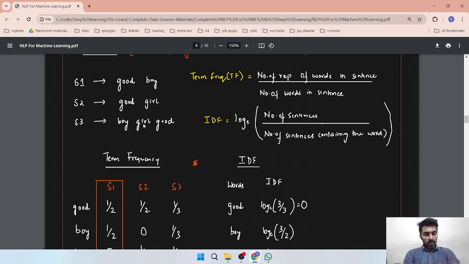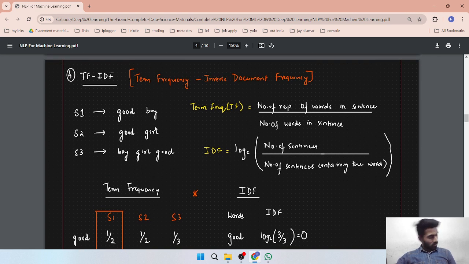A word which is coming a minimum number of times, we will give high priority to that word. If a word is coming in every sentence, there is no importance; it is a very simple word. If a word is coming only sometimes, we will give high priority, because it is a very important word. Suppose your friend is coming to your house every day, then you do not give high priority to that.